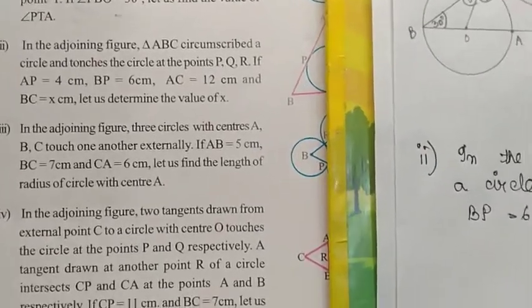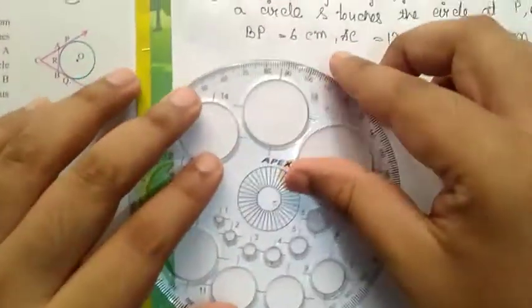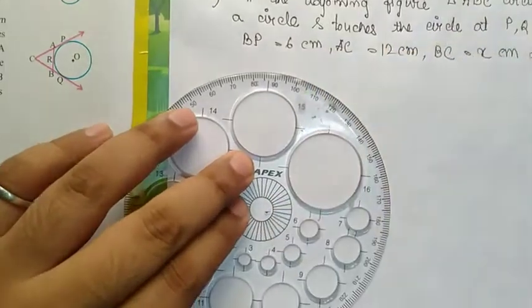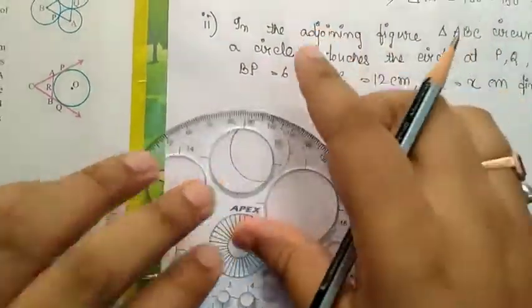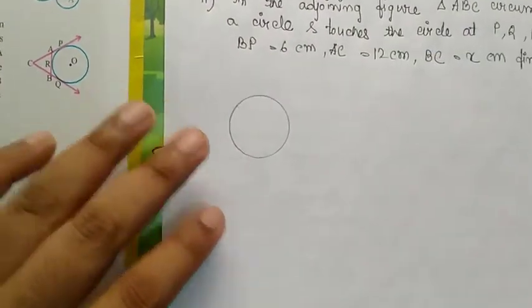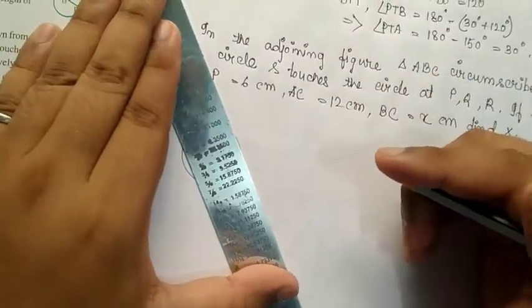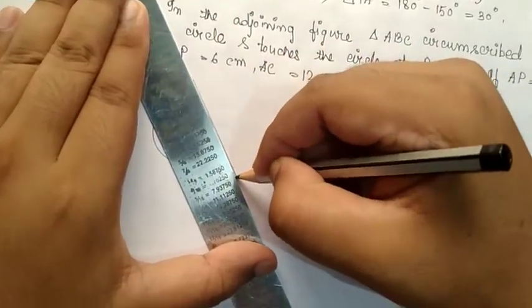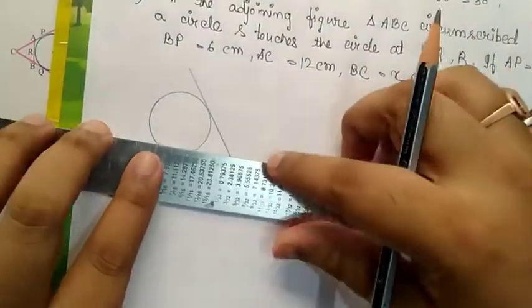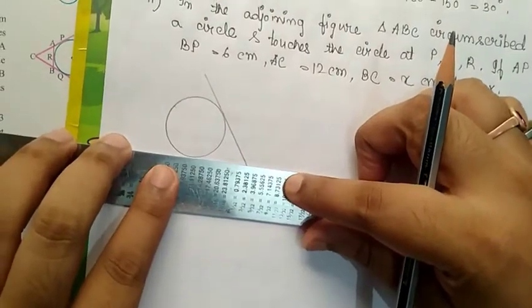So first of all we have to draw the diagram. First we have to draw a circle. So this is the circle. Now we have to draw the tangents. So first, this is tangent number 1.